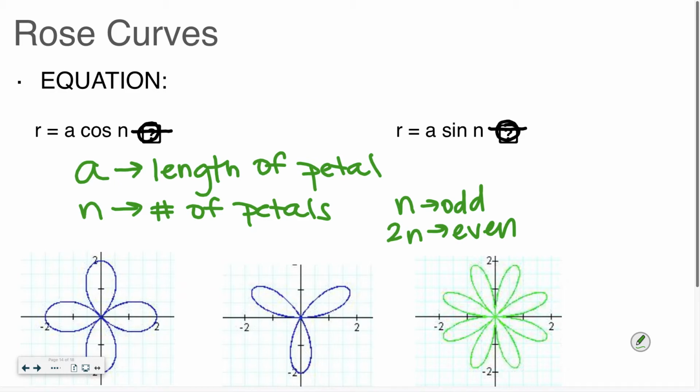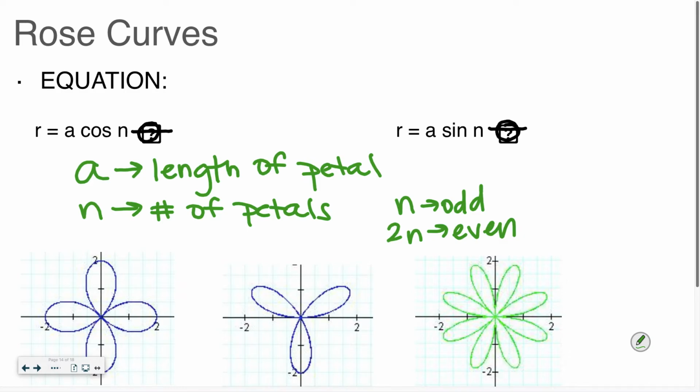And then what's the cosine and sine? It's which axis it starts on. Correct. So what's the cosine of 0? 1. So you will always have a petal on the positive x-axis if you have a cosine rose curve.